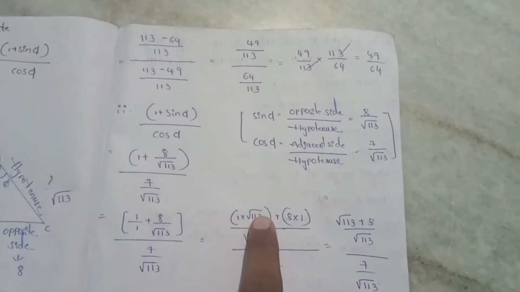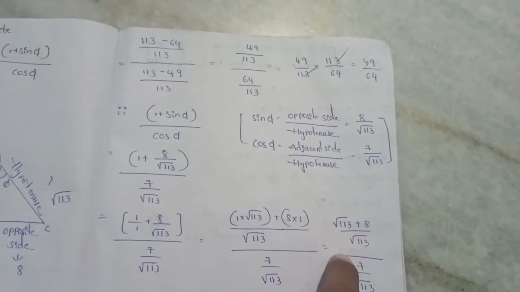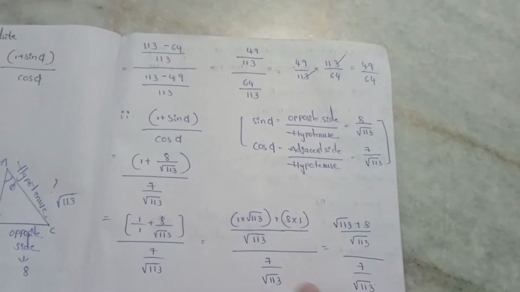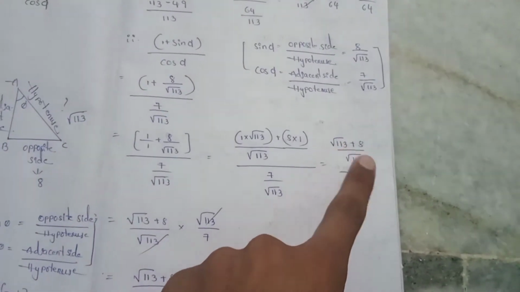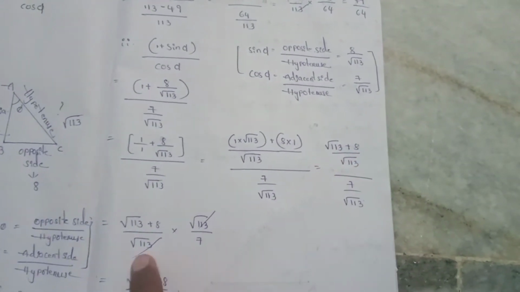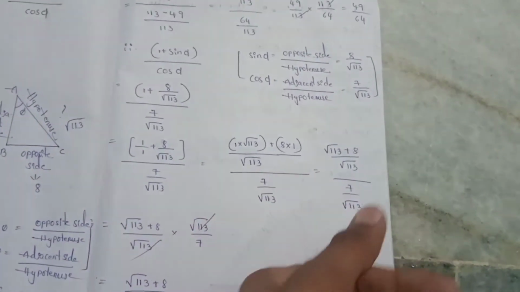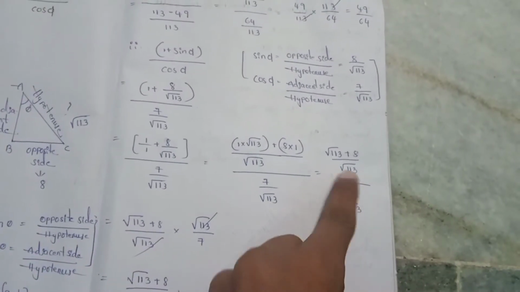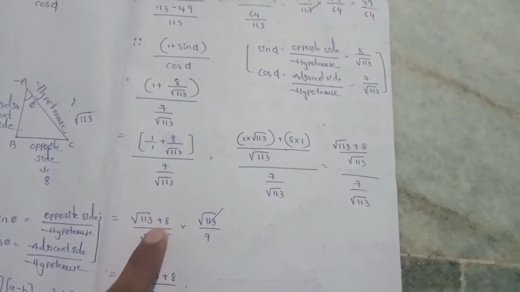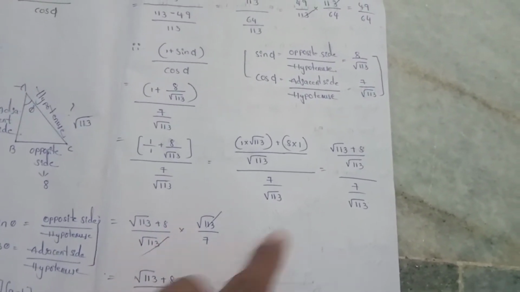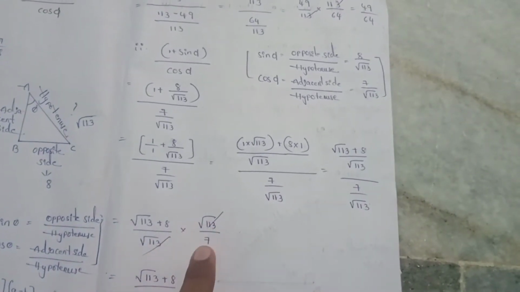When we bring this whole denominator up, the division cancels and becomes multiplication: root 113 plus 8 by root 113 into root 113 by 7.